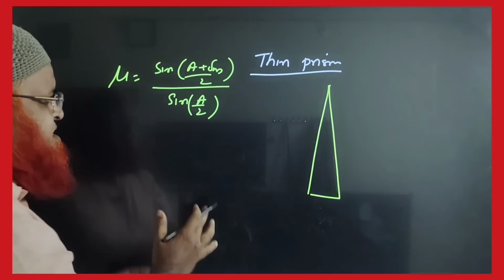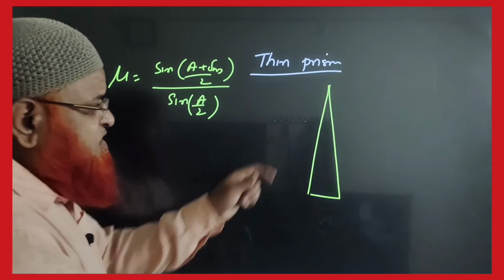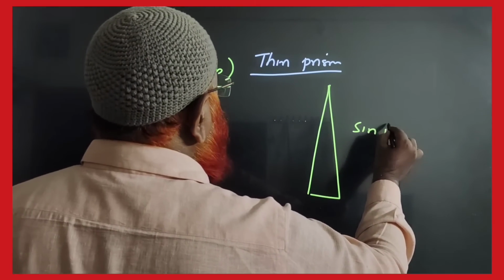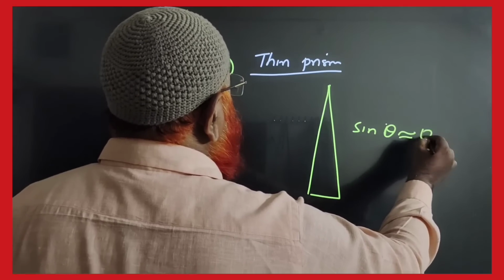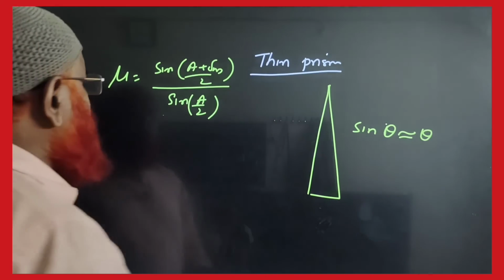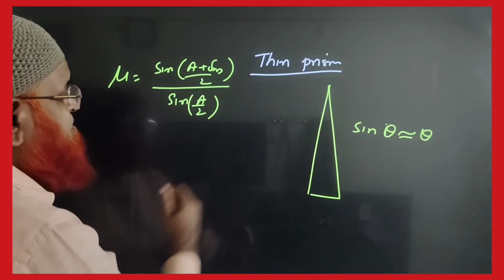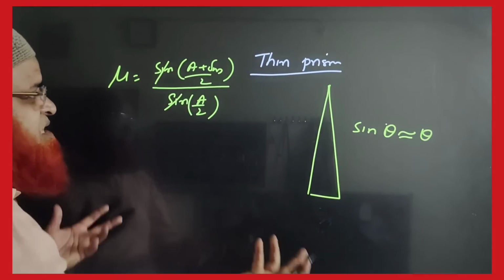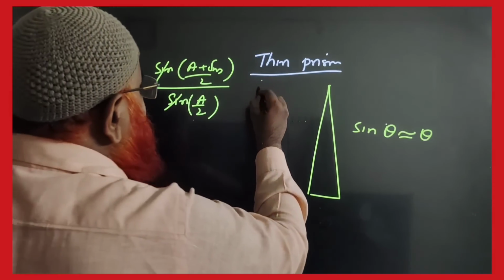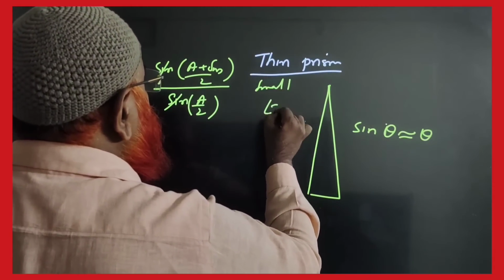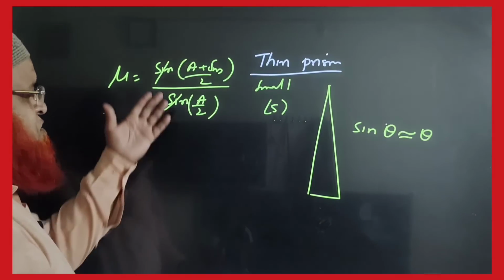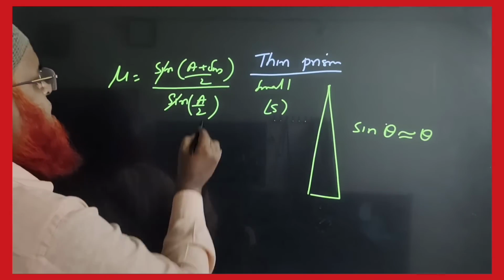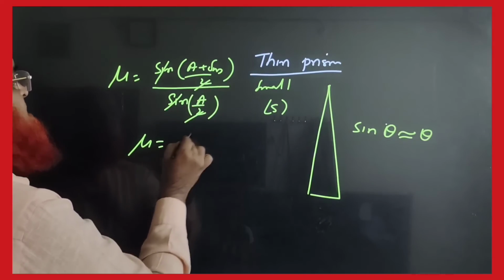This is said to be the general formula of a prism. For a thin prism, when the angles are very small, sin theta is approximately equal to theta. Thin prism means small angles, so for small angles, the sines will not be there. Now the 2 gets cancelled.